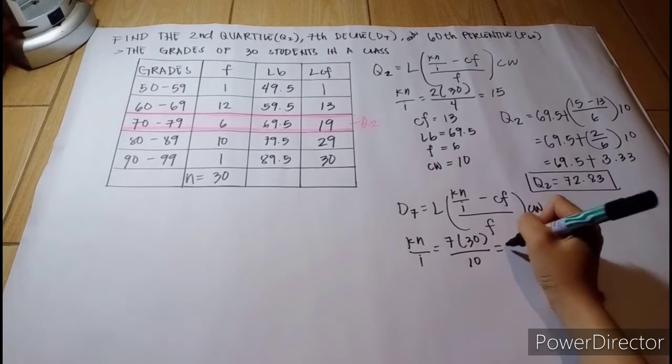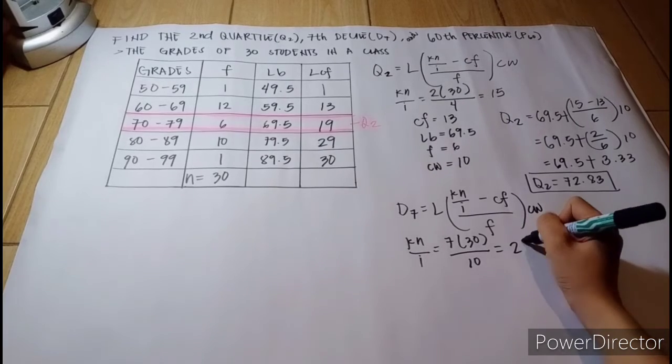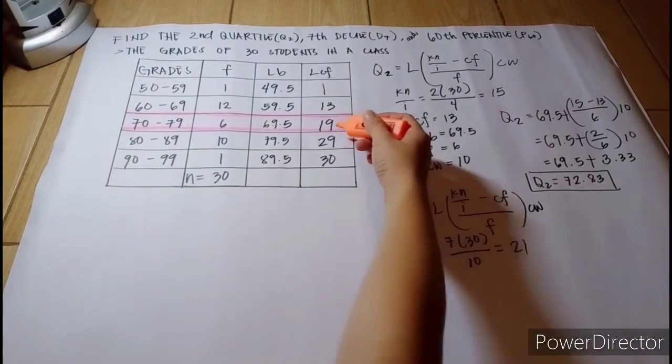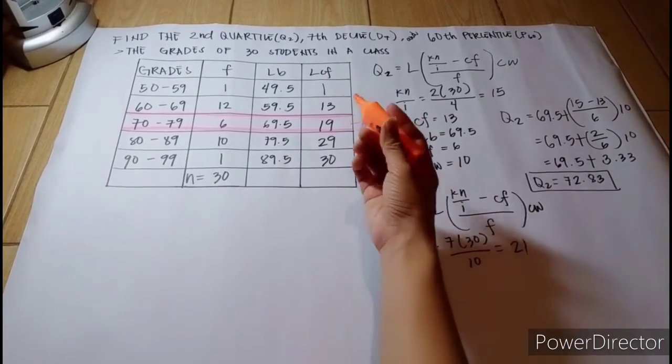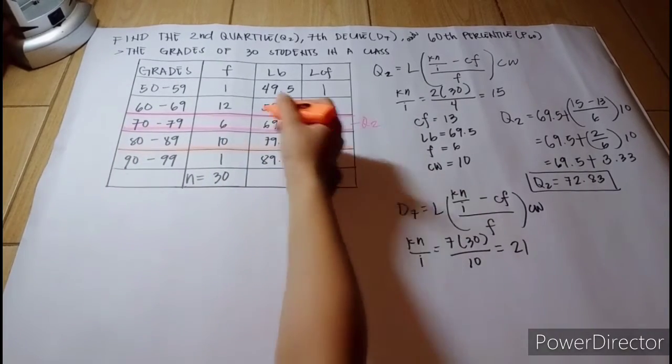So 7 times 30 over 10, that is 21. So 21 is in between 29 and 19. So we need to get the higher value, which is this class.